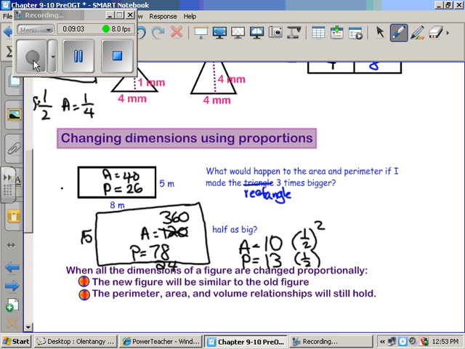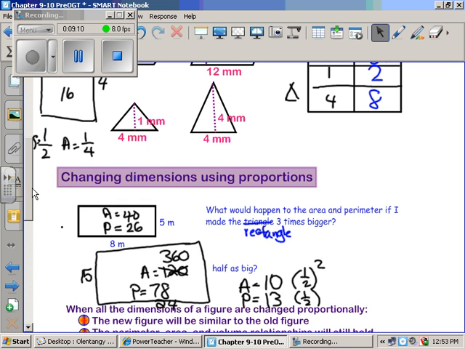Okay? Now, going back to if I only changed one dimension, what if I told you the base was going to stay the same, but the height would double? What's going to happen to the area then? Is the area going to go up by 4, 2 squared? No, because we're not changing both dimensions. We're only changing one.